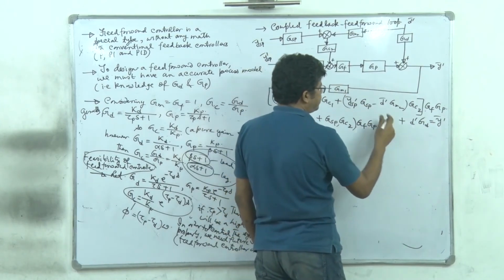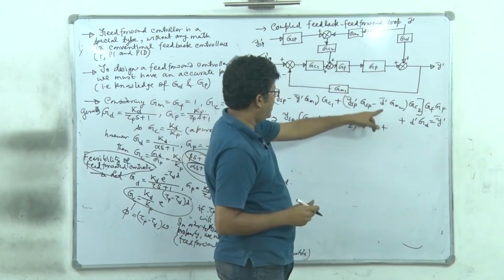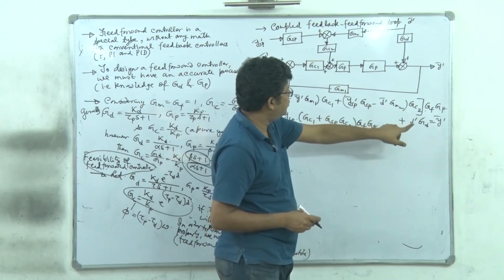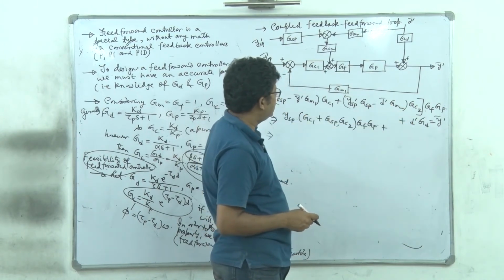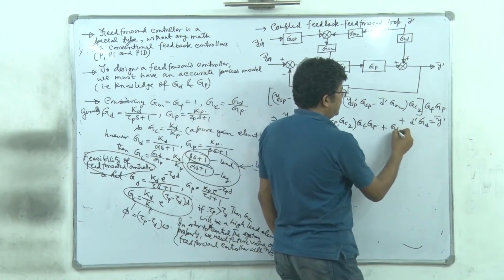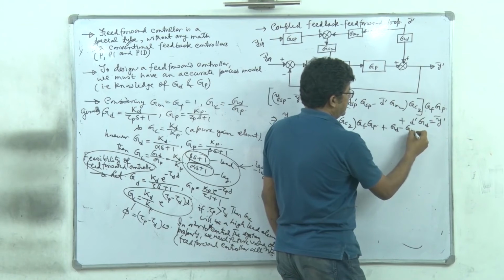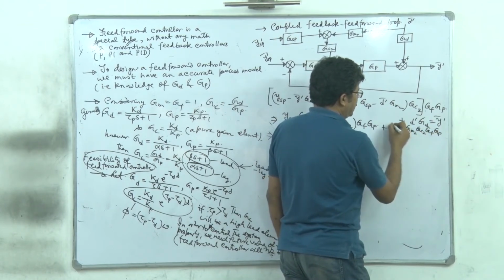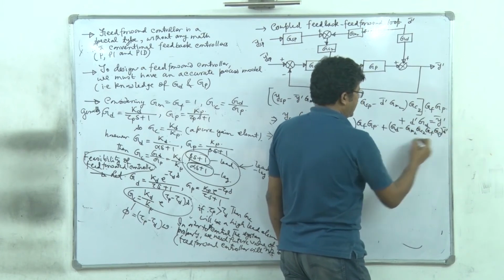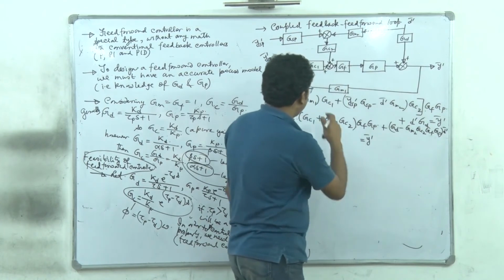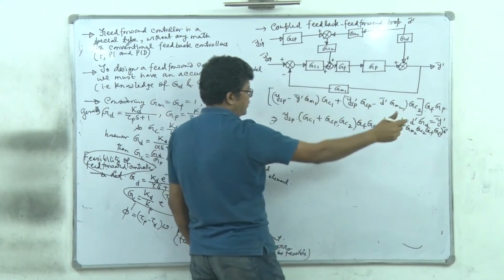Plus D prime bar. What are the multipliers? So D prime bar GM2 into GC2 into GF into GP. That's one with a minus. And here is GD minus GM2 into GC2 into GF into GP whole bracket D prime bar. It's equal to Y prime bar within bracket, and this part is to be shifted.